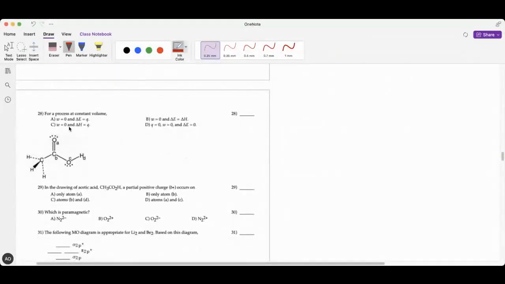For a process of constant volume, what can we say about work?